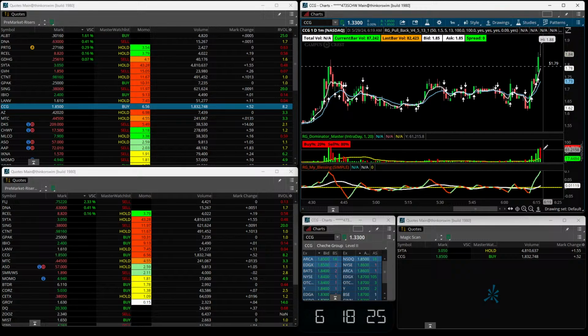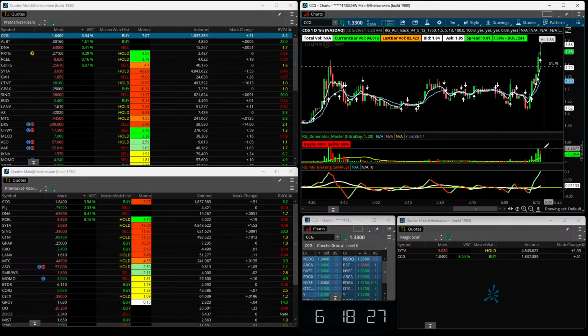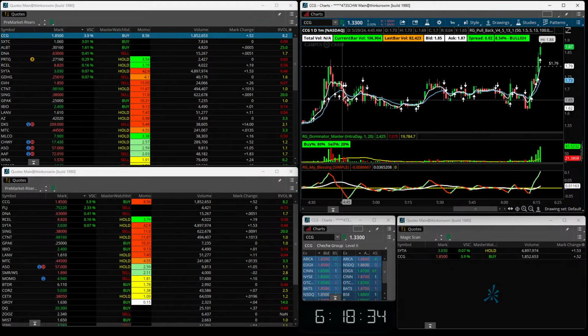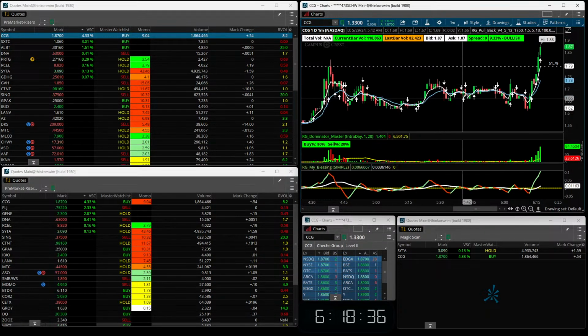Red dominator bar coming in. Just be careful here if you got in because of these sudden pullbacks after each spike up.